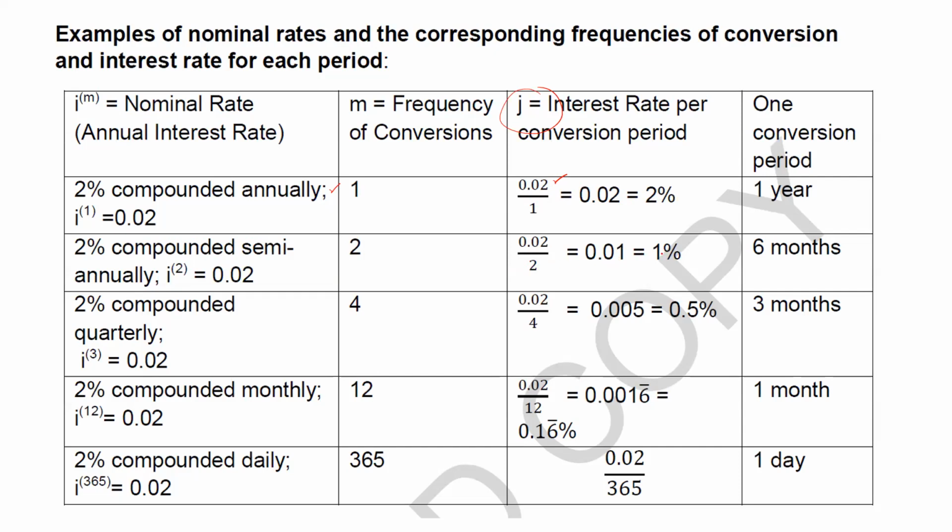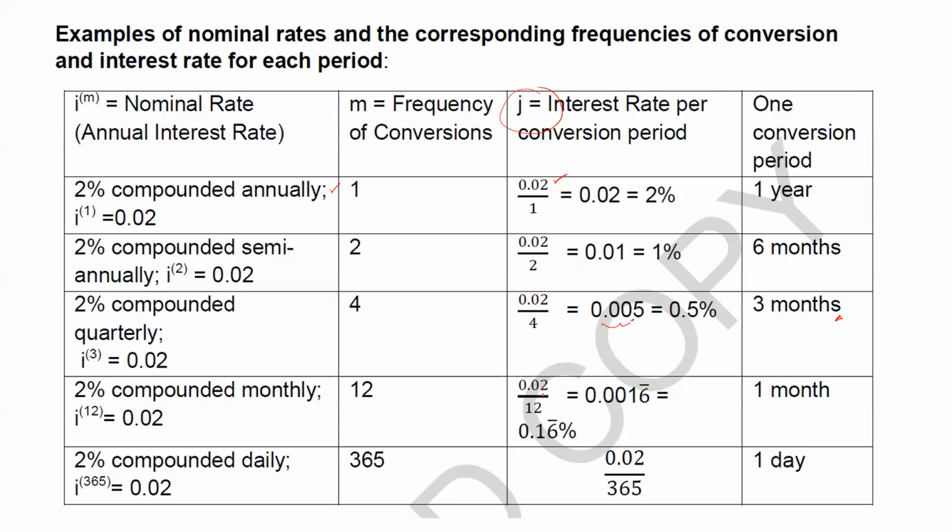So every 6 months, the interest is 1%. Compounded quarterly, 0.02 divided by 4, since 4 is the frequency of conversion of quarterly. So 0.005 or 0.5%. To convert, just move the decimal point two places. So the interest is 0.5% per quarter or every 3 months.